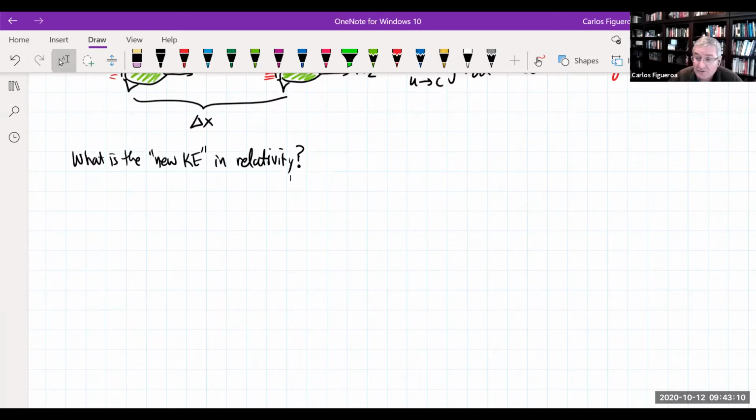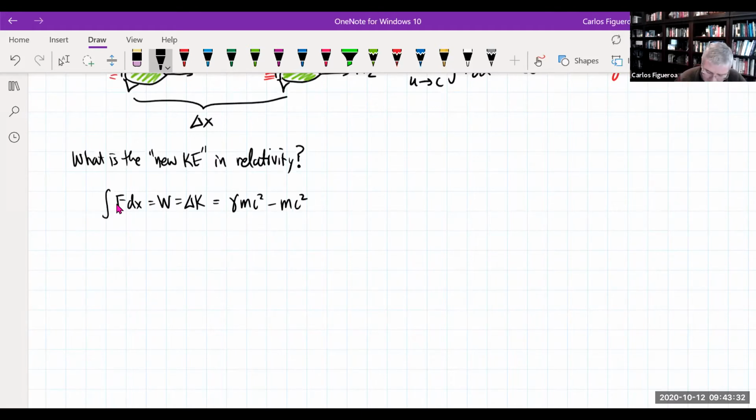So moving on, what we found here is that when we calculated this work, which caused a change in kinetic energy, we got a term that looked like this. And what's interesting here is that this guy, of course, is kinetic energy. And we were trying to decide what these guys right here were.